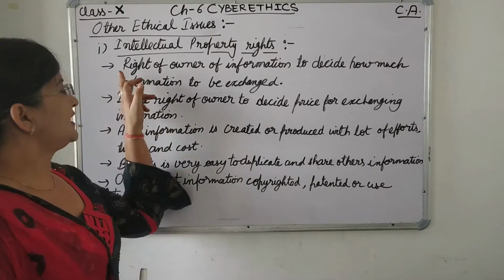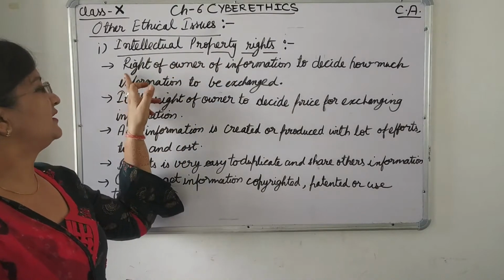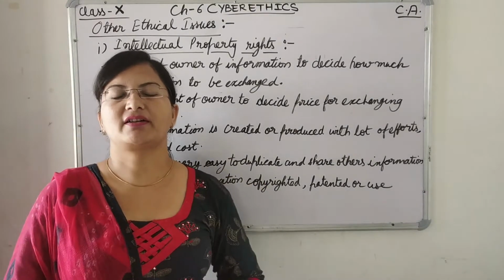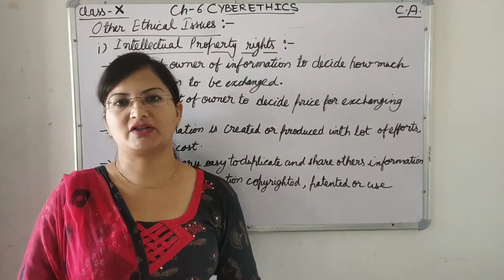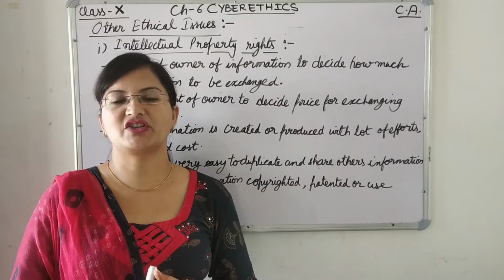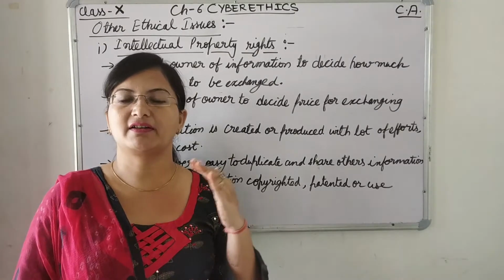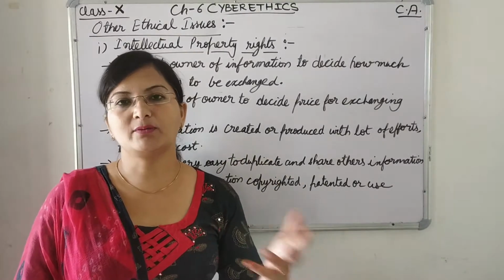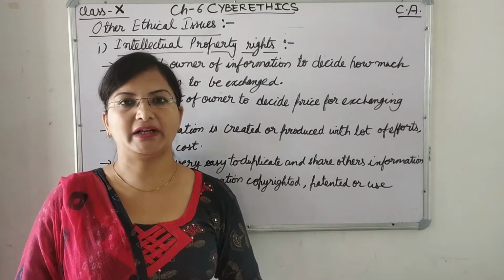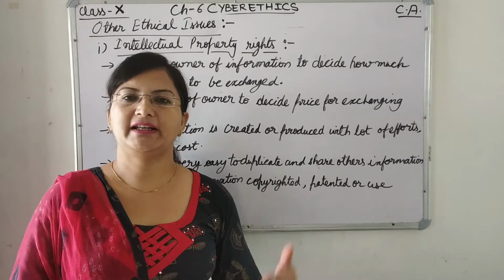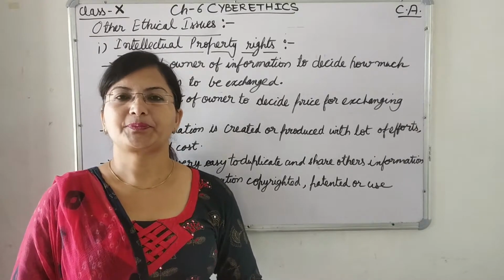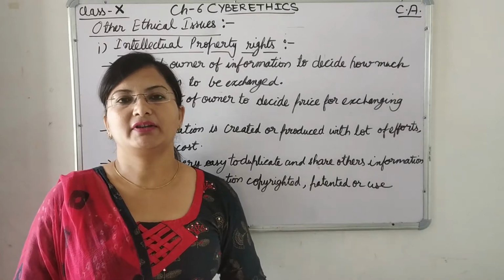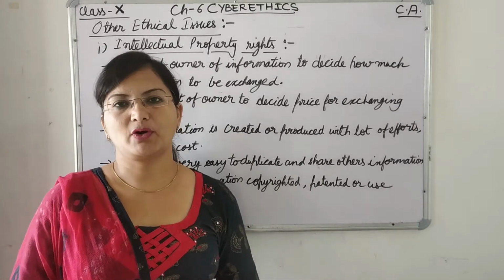Intellectual property rights are actually the rights of the owner of information. If I have a piece of information, then I have the right over that information, to decide how I am going to exchange that property. If I want to share it freely, I can share it freely, and I can decide with how many people I will share my property.